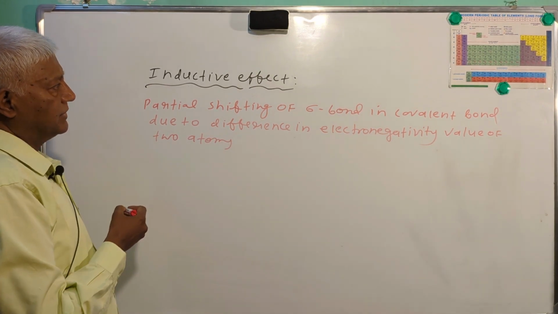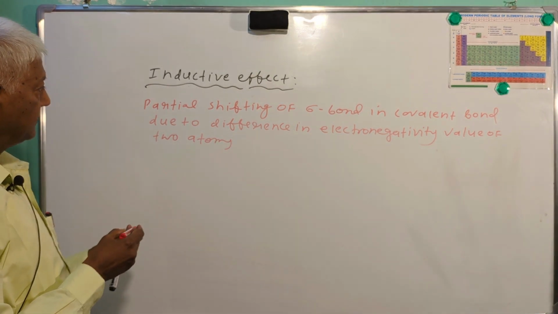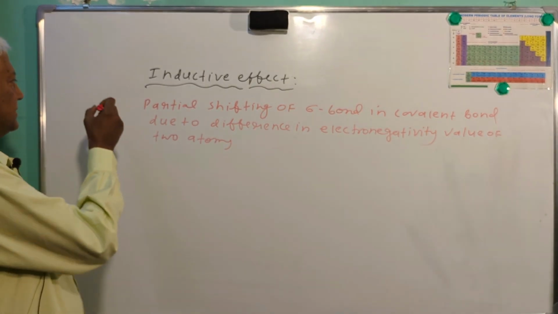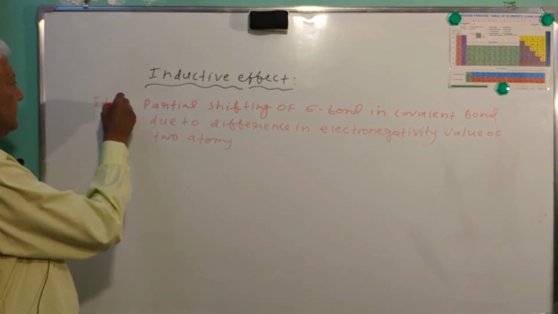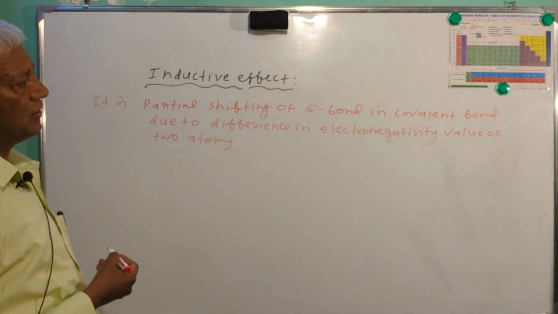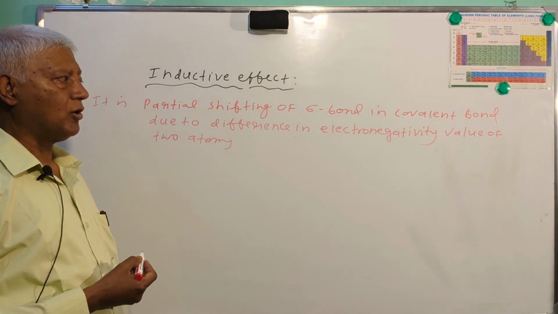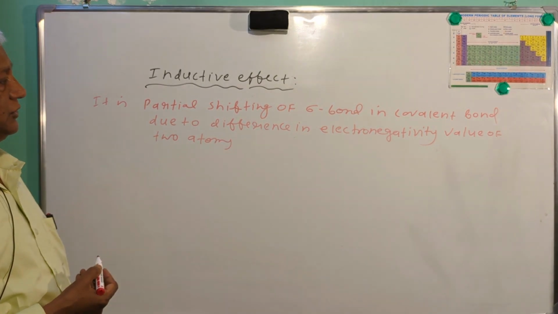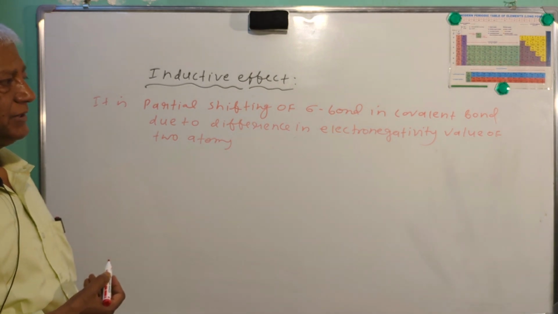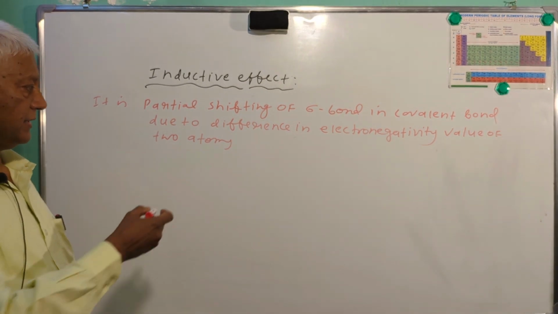So when you define the inductive effect, it is partial shifting of sigma bond in covalent bond. Why? Due to difference in electronegativity value of two atoms.